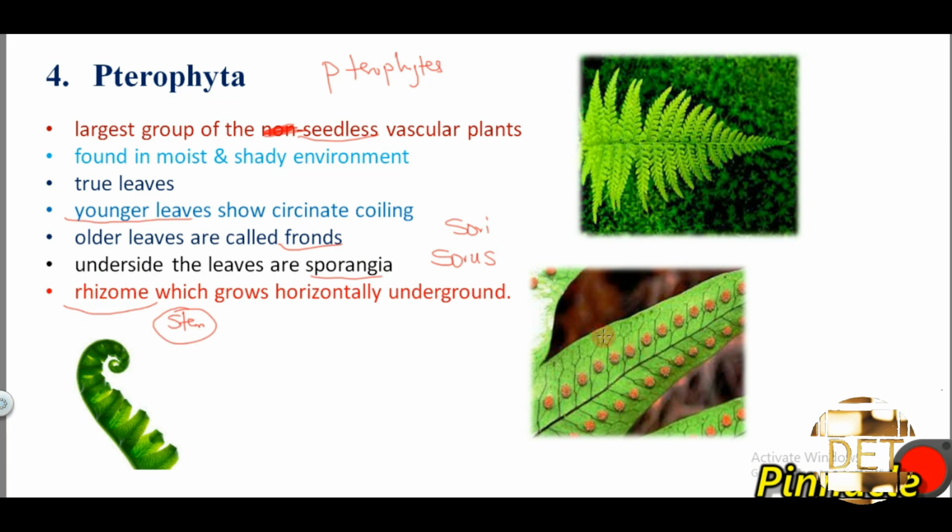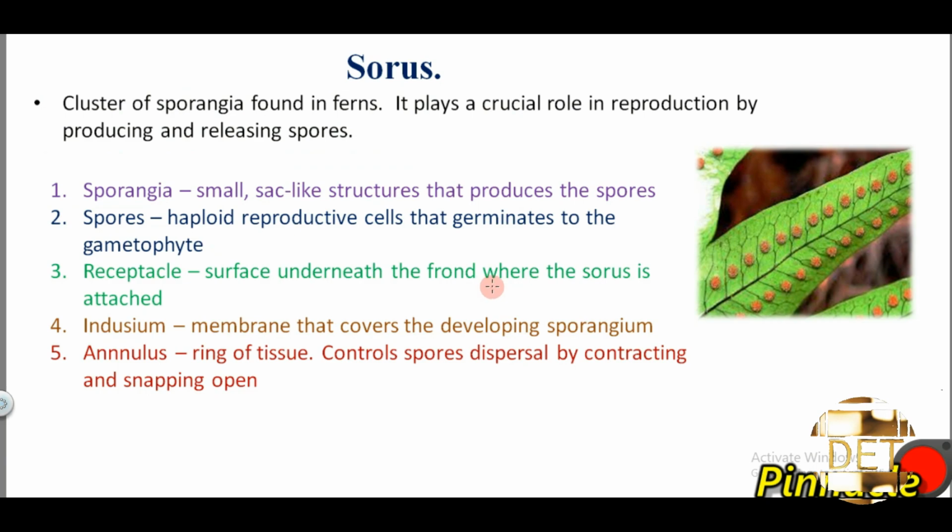So let's look at the different structures of the sorus, because questions can also come out from this part a lot. So the sorus, which is what we're seeing here, is a cluster of sporangia found in ferns.